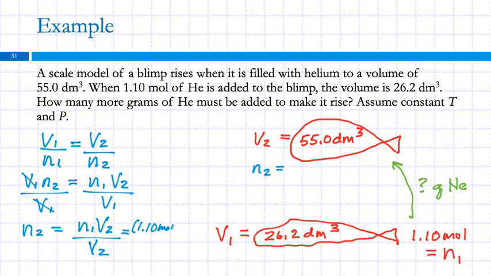Volume 2 is 55.0 decimeters cubed. I screwed up, huh? I go to fill this in and I'm like, V2, wait a minute, I've got V2 down here. What happened? I copied it down wrong. It's supposed to be V1 in the bottom. So let's fix that.